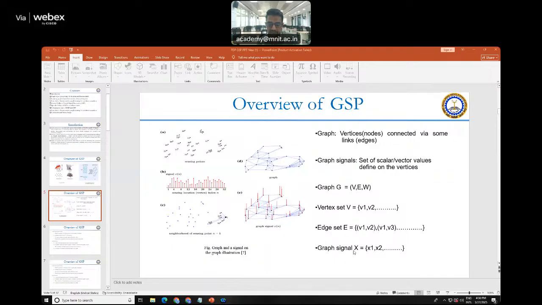Here we are seeing that the graph signal is basically a vector, a collection of these values x1, x2. But from this figure, are we able to find out the value D, E, or C in either of the figures?